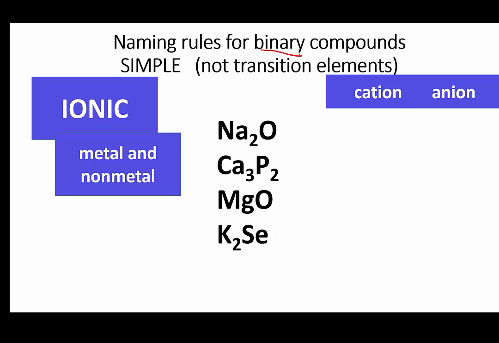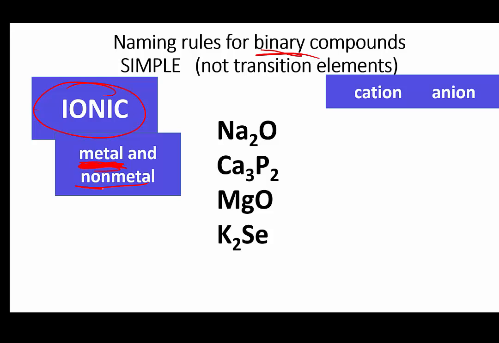Now, we're going to look at naming binary compounds that are really simple. None of the transition elements are present here, and you'll see what changes that in a moment. So we're looking here at ionic compounds, and how can I tell they're ionic? Well, it's going to be a metal first and a nonmetal second.